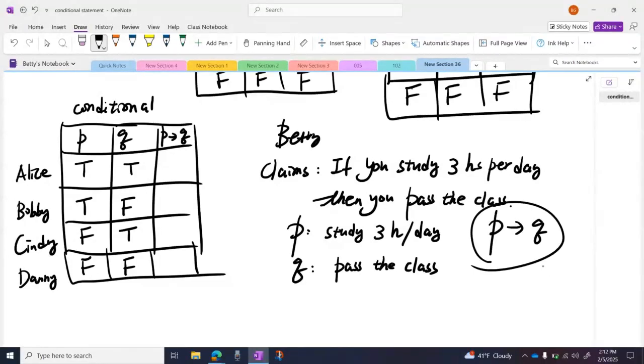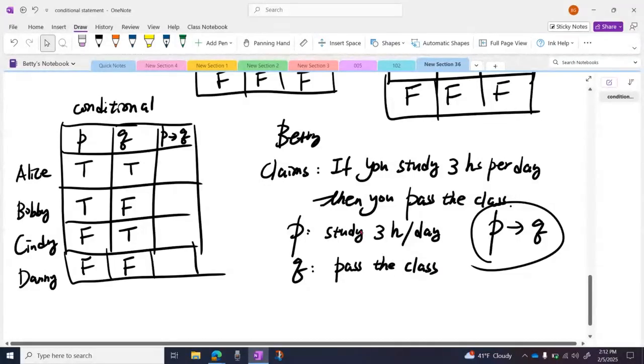So that's my statement, P implies Q. I said, if you study 3 hours every day, then you will pass the class. My antecedent is a student studies 3 hours every day. My consequent is a student passes the class. I claim if the antecedent is held, then the consequent will occur as a result. So that's my claim. Is that clear, everybody?